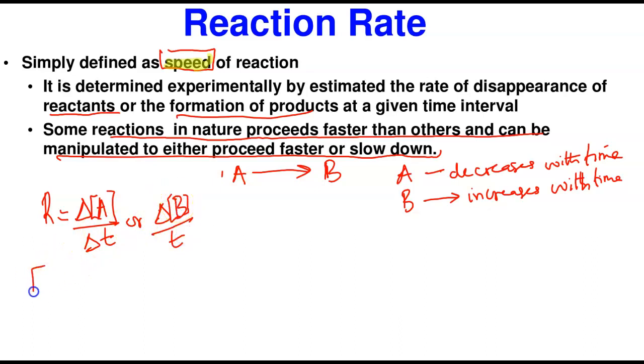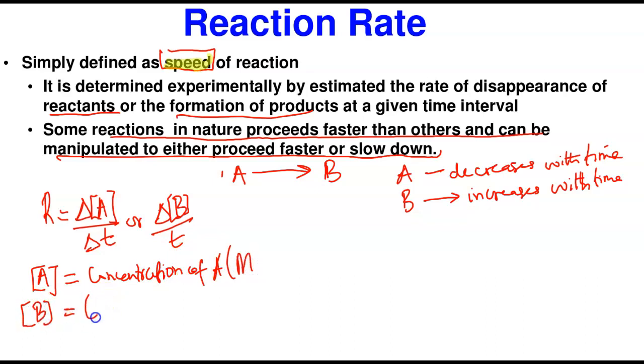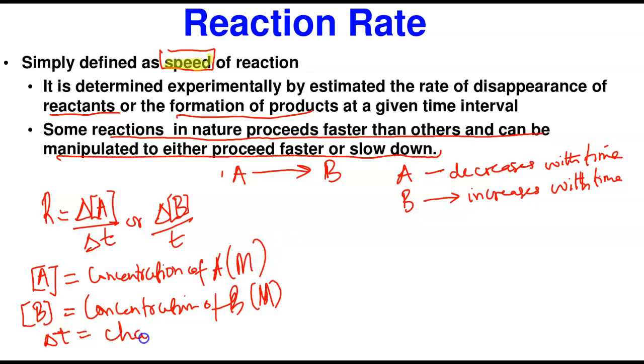In fact, the square bracket here of A, remember we used it last time? The square bracket of A simply means the concentration of A, measured in molar. Concentration of A is usually a molar concentration. This means the concentration of B, again measured in molar, and then delta T simply means change in time.